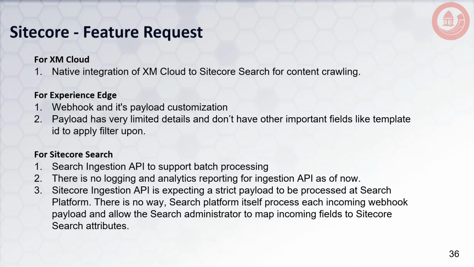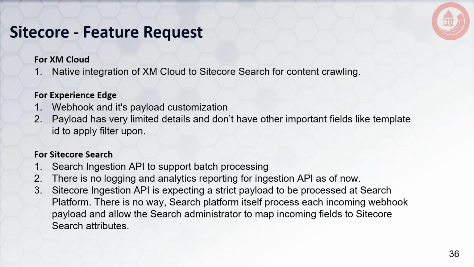If we had that capability, we could simply introduce the template ID, and we could ignore all those back-to-back queries to GraphQL to get the template ID for individual items. And second, the payload has very limited details and doesn't have other important fields like template ID to apply a filter upon. If we could have these two things on Experience Edge, our use case could have been very simple.